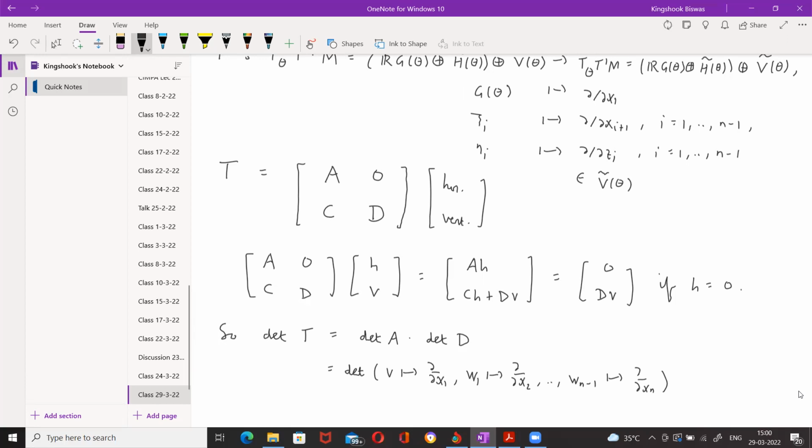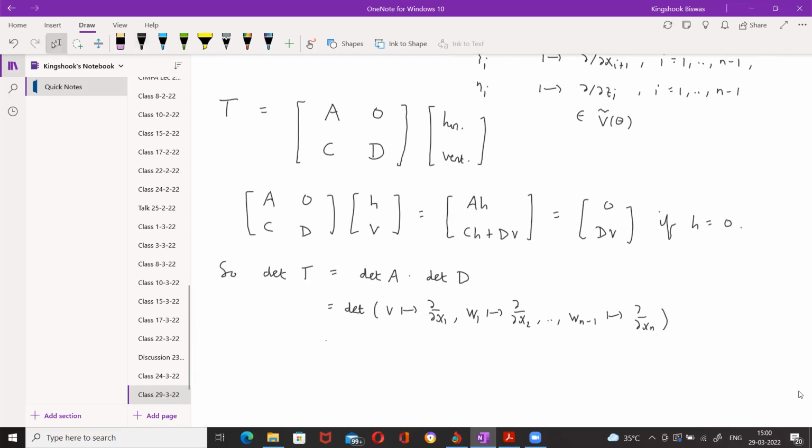This is A, yes? And then the determinant of the other block.